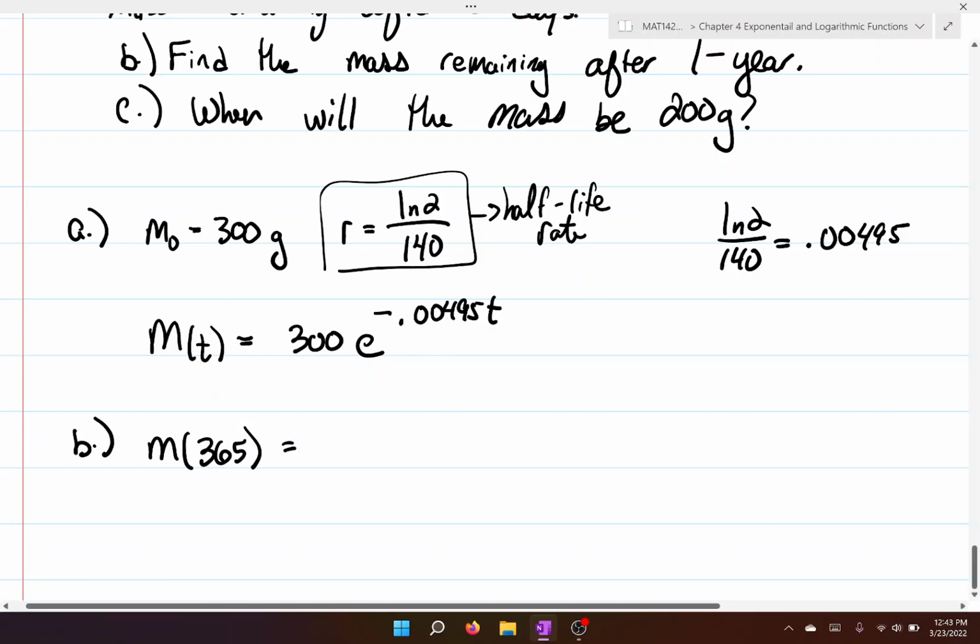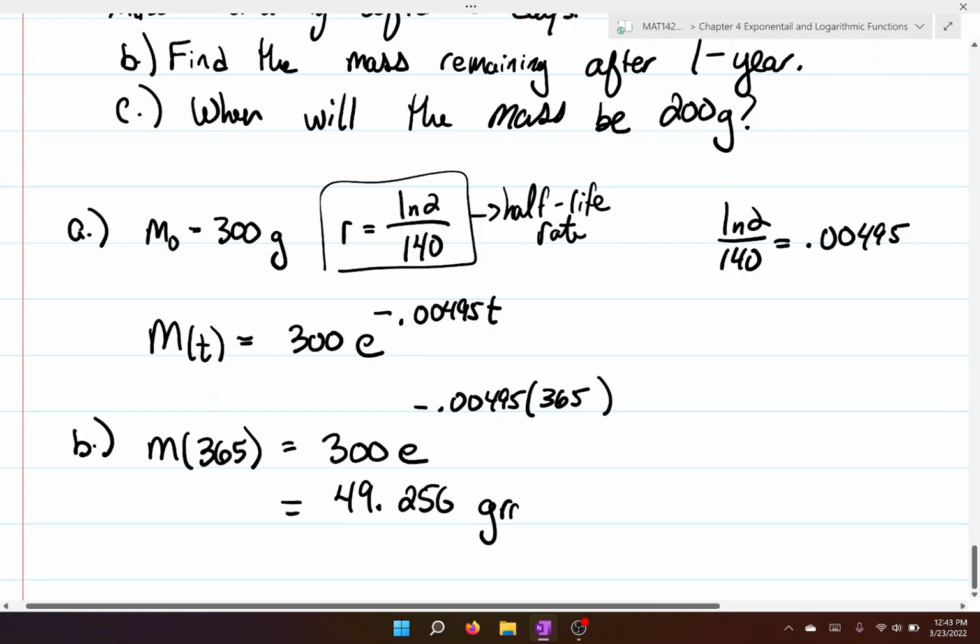So m of 365 is going to equal 300e raised to the negative 0.00495 times 365. And if you take out your calculator and do that, you're going to get about 49.265 grams.